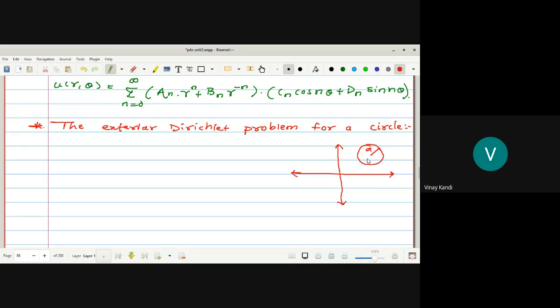We have to find the solution of this exterior Dirichlet problem. The solution should satisfy the Laplace equation in the exterior of that circle, and on the boundary, u of a, theta is equal to f of theta.